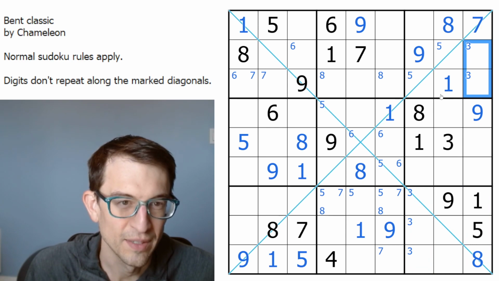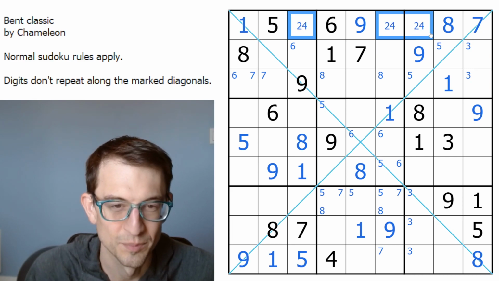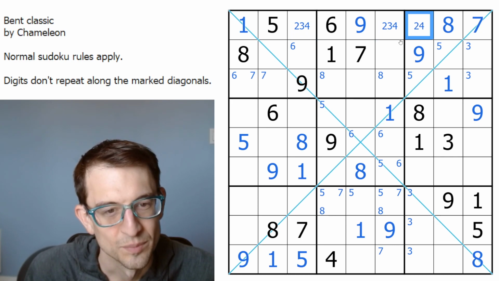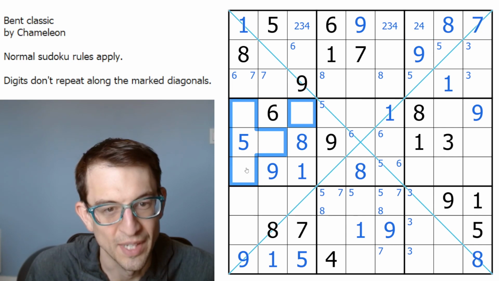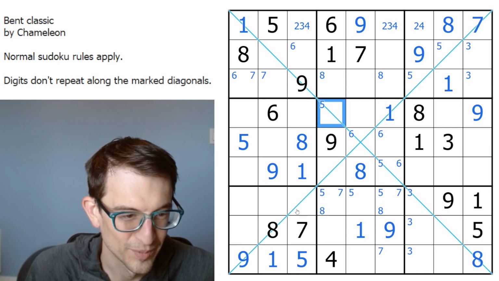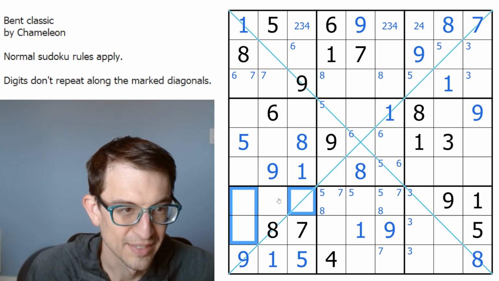In box 3, so one of those is a 3, but I don't know which. Actually, what are these numbers? Just 2, 3, 4. This one's not a 3. And then these are 2, 3, 4, 7. That's 2, 4, 7. What about this one? 2, 3, 4, 6. That's not 6.